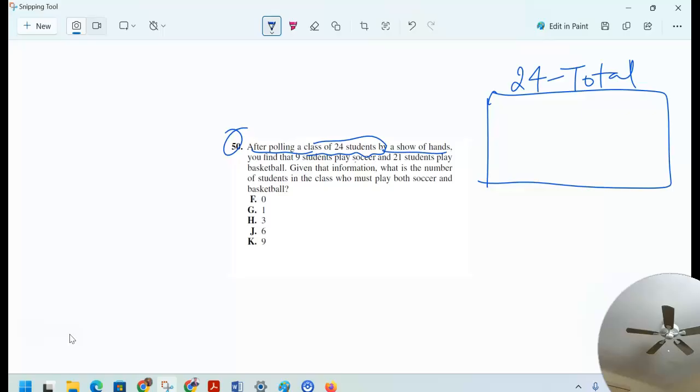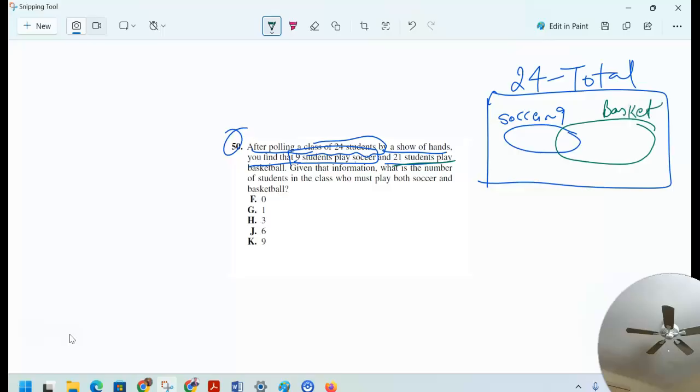So the teacher asked, show your hands, how many of you play soccer? 9 students say they play soccer. So I'm going to put this as 9 students, soccer. And 21 students play basketball, like this. This is basketball.